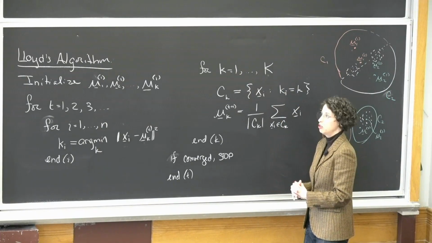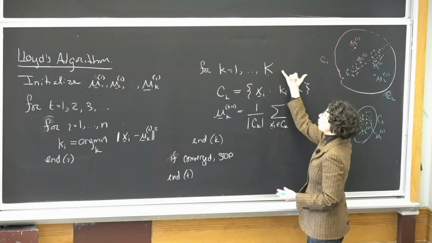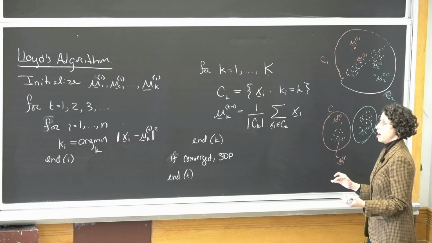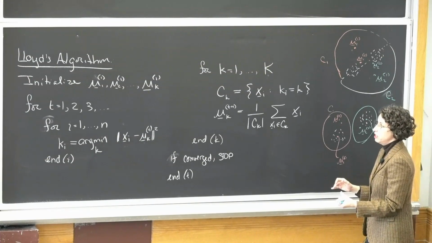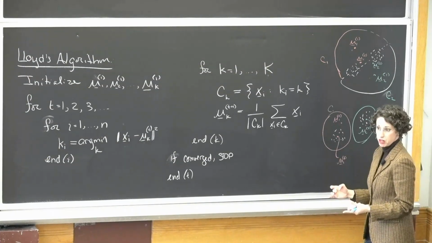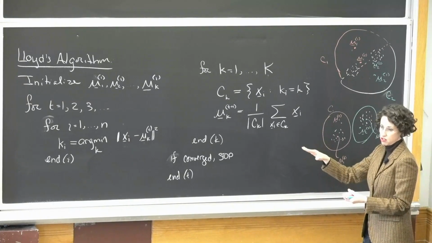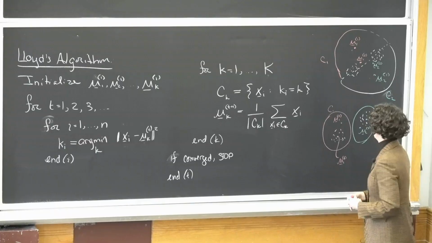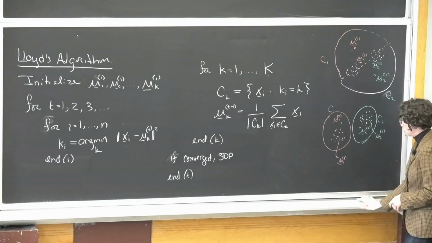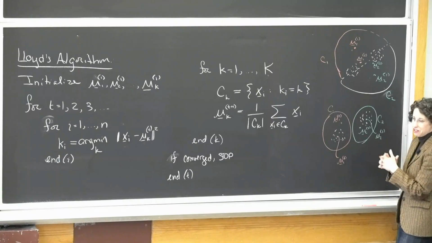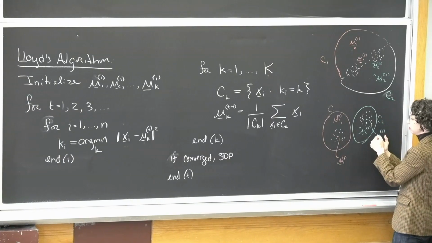So for instance, it could be that if I start increasing the number of clusters, then I'm getting relatively little change in the value of my objective function. So it's going to continue to go down, but it might just stop going down quickly. So for instance, in this example here, if I were to try to cluster it with one cluster, the value of my objective function is relatively large.